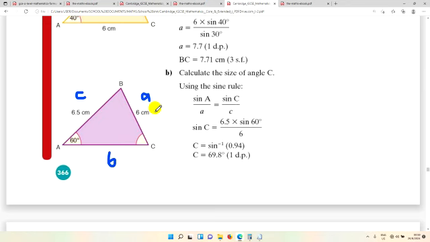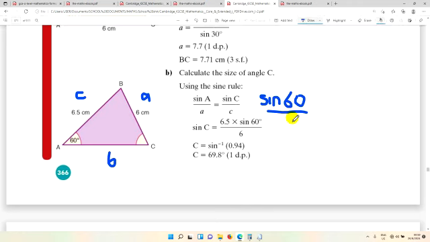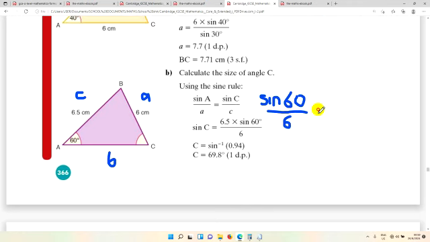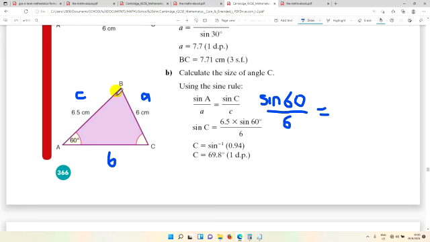For angle A we have it as 60 degrees here, so we are going to have sine 60 over what is our small a? We don't have B, so we might actually neglect it.